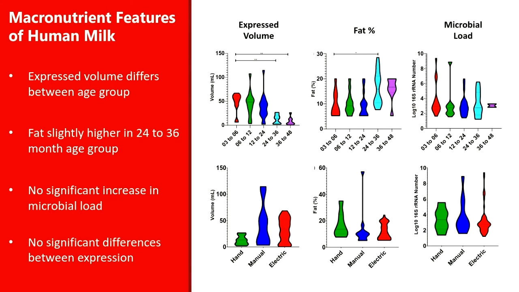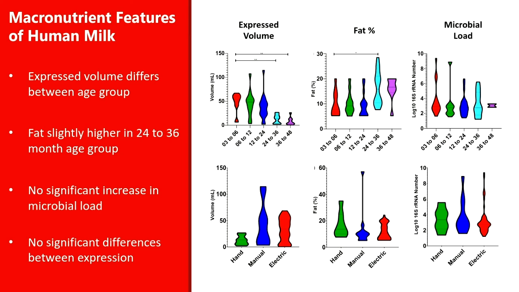So what we found when we looked at the macronutrient features of human milk, looking at how much volume was expressed, the fat concentration and the microbial load of the different types of milk, is that the only difference between the age groups was the volume expressed by the older age groups. The expressed volume reduced after 24 months of nursing age, and this is probably because of the frequency of feeding.